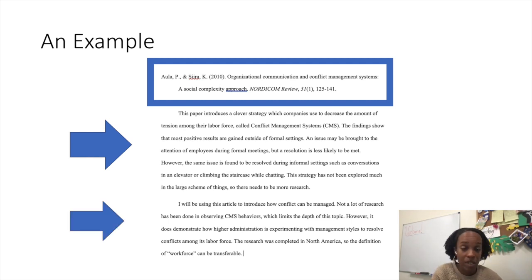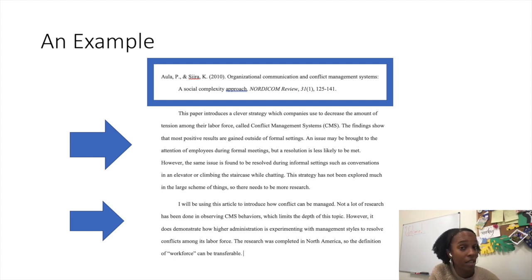Second up is the analysis. We have, I will be using this article to introduce how conflict will be managed. This is how the author of this annotated citation is going to use this article, how they see it valuable. Not a lot of research has been done in observing CMS behaviors, which limits the depth of this topic.